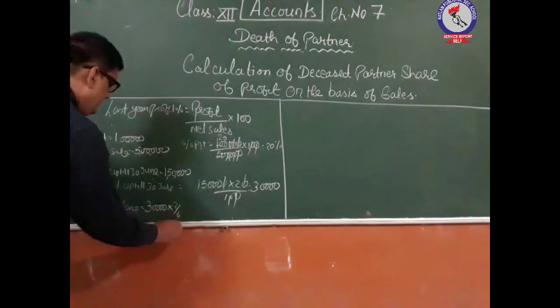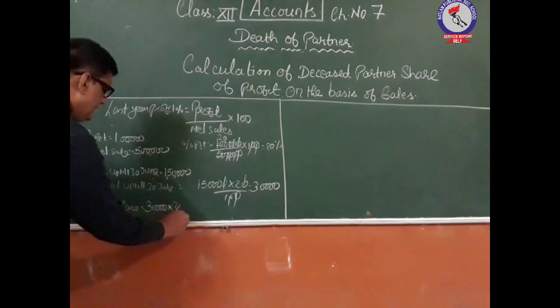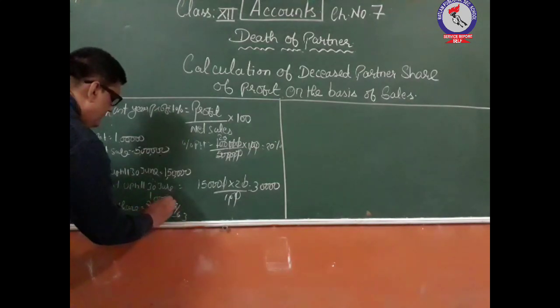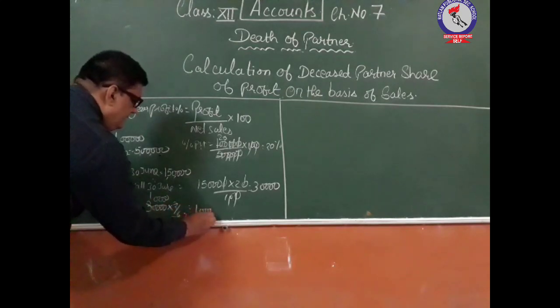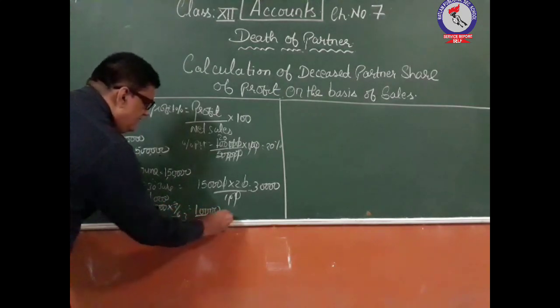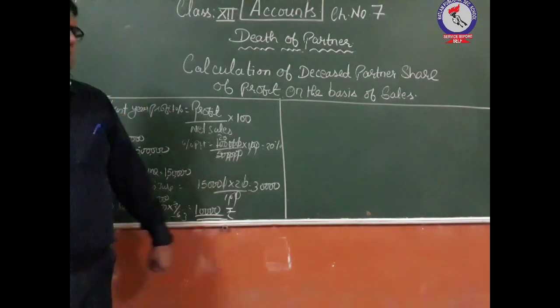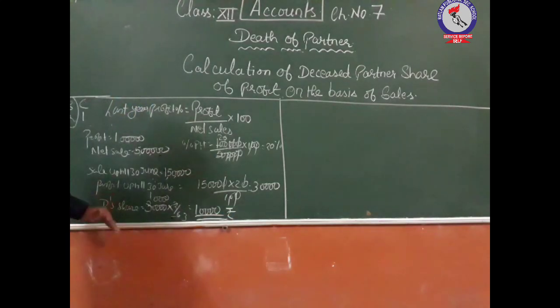So in these 3 months, the profit of this partner will be 10,000 rupees.